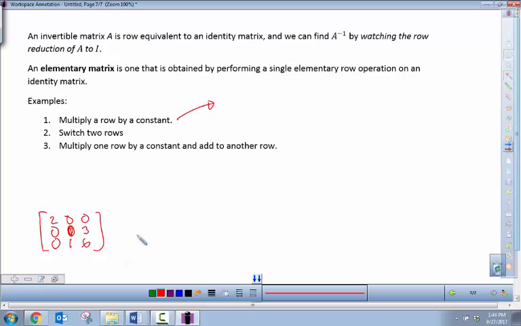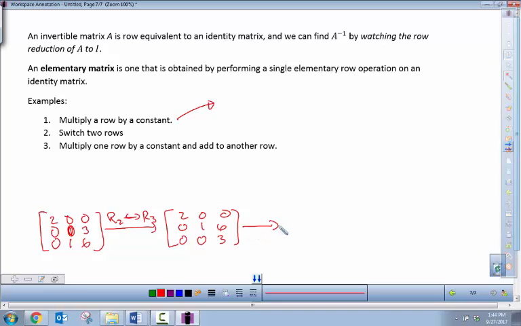No. Okay. So let's do some elementary row operations. What would you do here? Switch the rows, right? Switch R2 and R3. So 2, 0, 0, 0, 1, 6, 0, 0, 3.